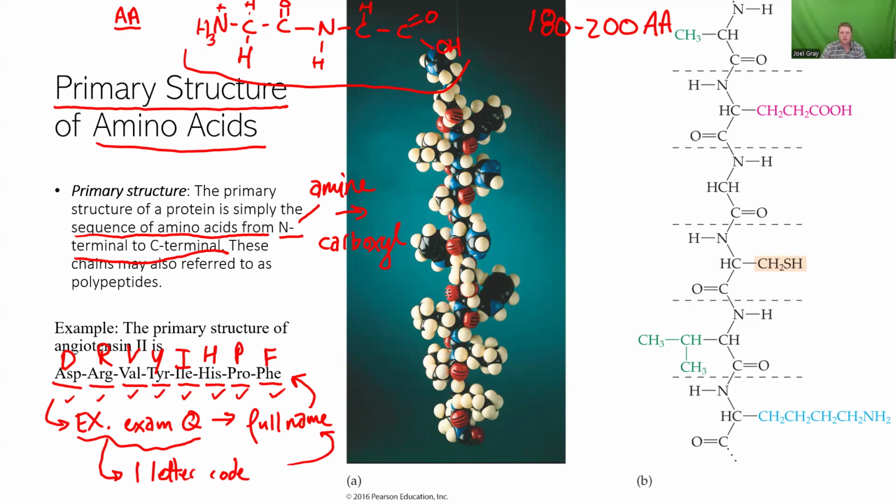The single letter codes are a little bit all over the place just because you've got some copies of them. But essentially, all of this is super powerful and a very important way of communicating within biochemistry.